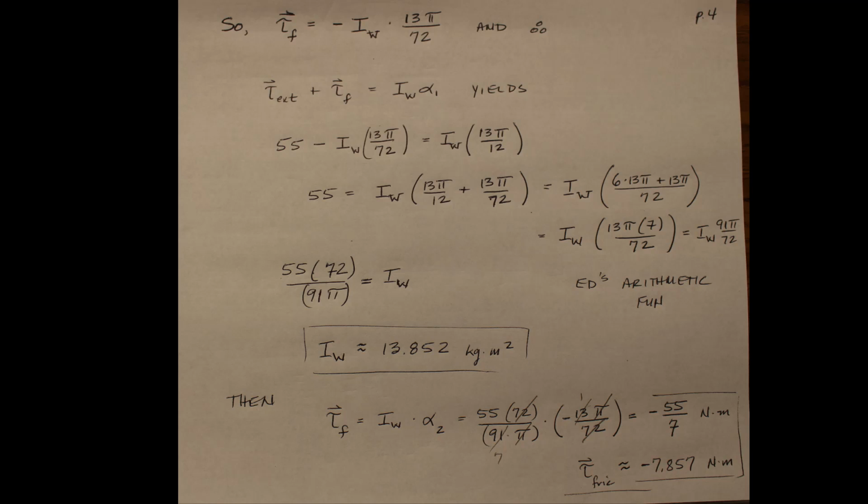You can take a look at the arithmetic fun I was having. I like working with exact numbers when possible. So simplifying things at least a little bit, we would get that the rotational inertia is 55 times 72 over 91 pi. And that's just for the numbers that were given to me when I looked at the problem.